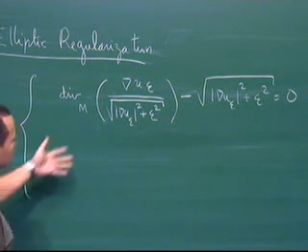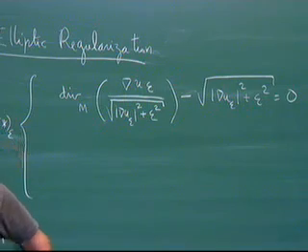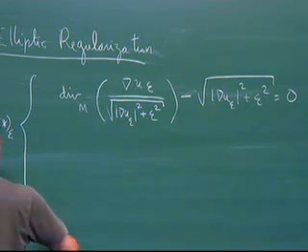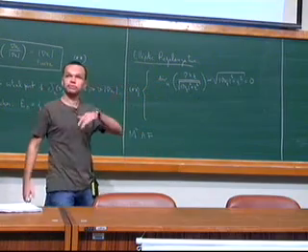And then we're gonna choose boundary conditions. So remember that the manifold is asymptotically flat. So you have a coordinate system at infinity.